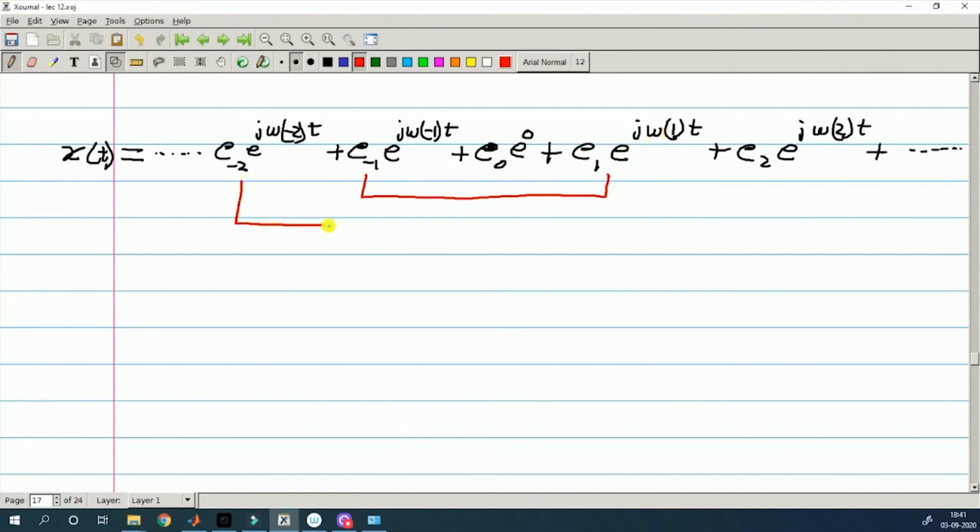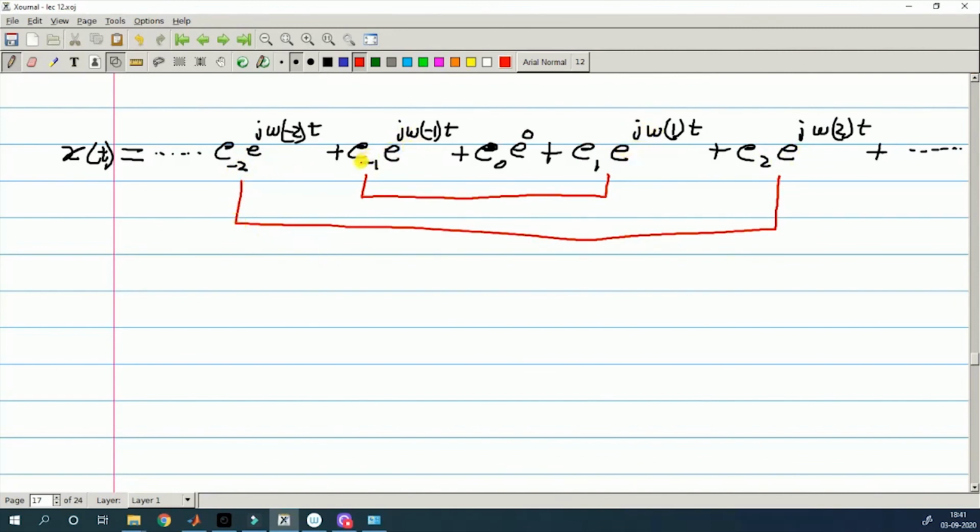Similarly, these two signals, one of them rotates in the clockwise direction, another in the anti-clockwise direction, but this and this have the same angular speed, and the angular speed of this or this is double compared to this or this.